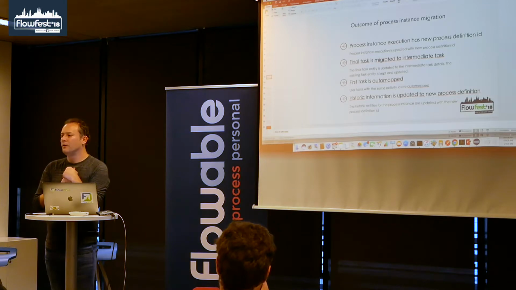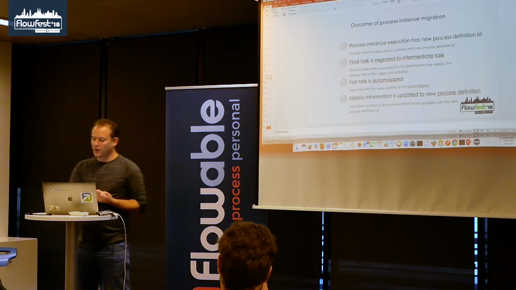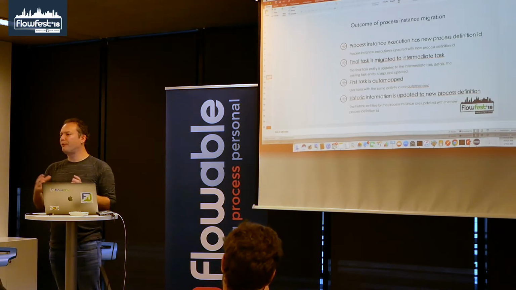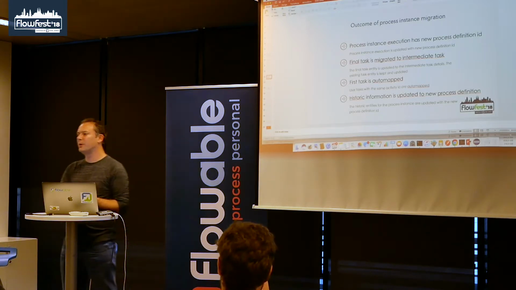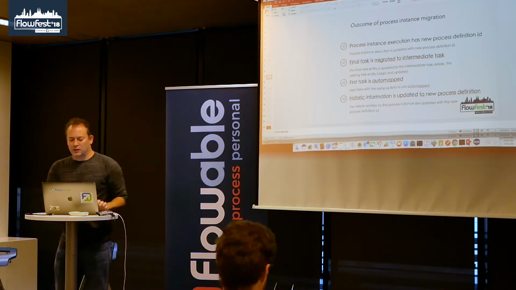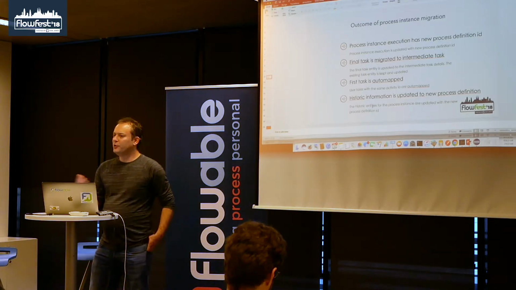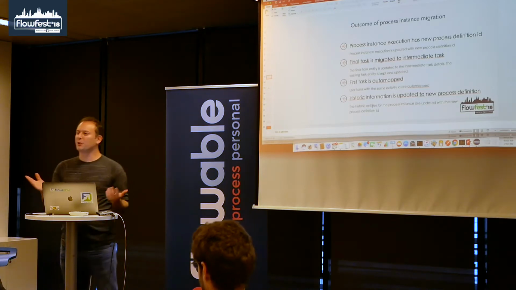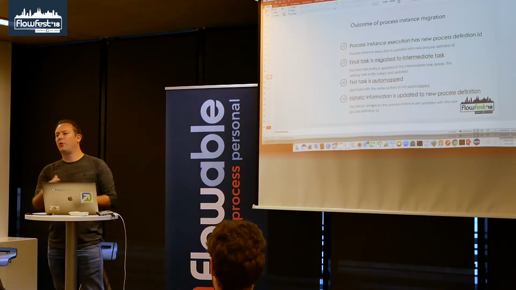Actually, it's also one of the things I'm showing a bit later: you can also execute a validate step before doing the actual migration, and then you get that kind of feedback as well. And also the historic information is updated to the new process definition as well, because we have quite a bit of historic data possibly, variable instances, activity instances, those are also all mapped to the new process definition.